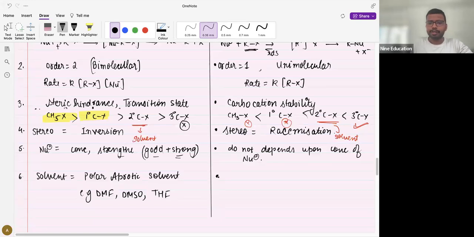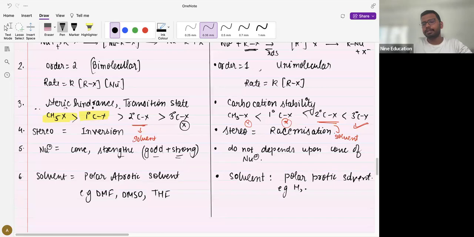But for SN1, the solvents which will facilitate this reaction are polar protic solvents. Polar protic solvent examples, let's say we have water, methanol, ethanol.